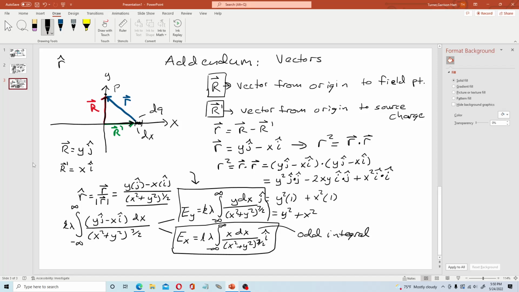If you can write down your vectors appropriately, you can at least write down an integral. It doesn't guarantee that the integral is solvable. You may have to use a computer, and so forth. But you can at least write the integral down. Whereas with symmetry arguments, you can't always do that if your situation isn't highly symmetric.